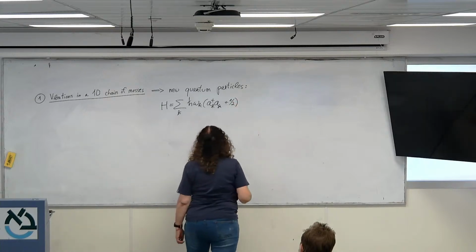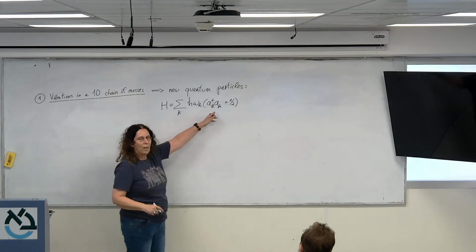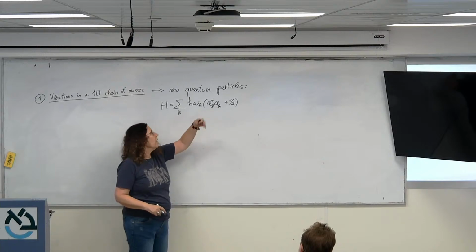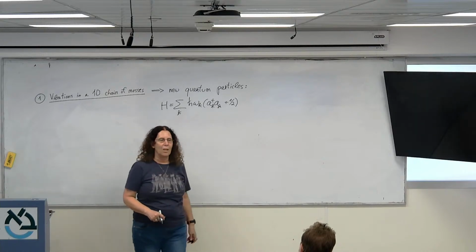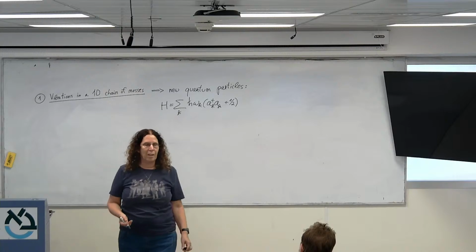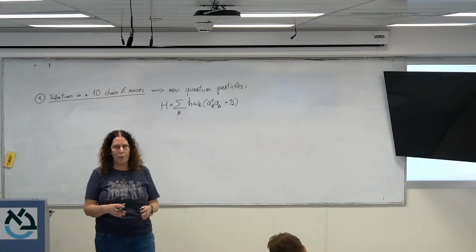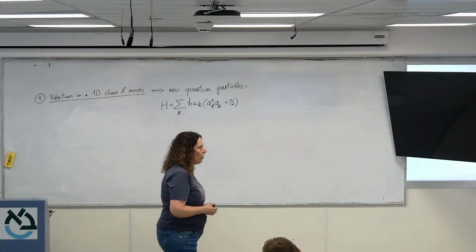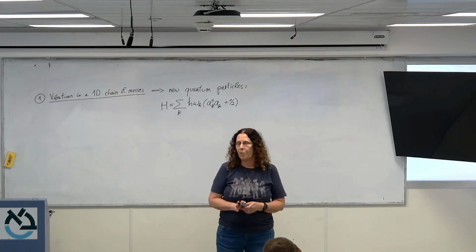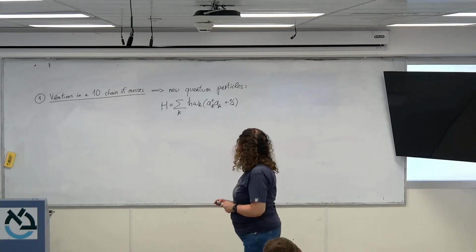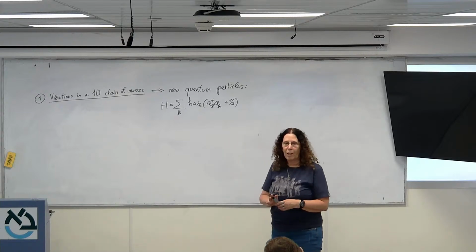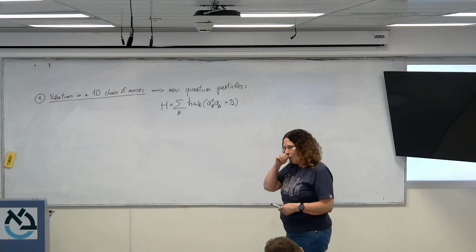Okay, where a_k and a_k dagger are the ladder operators of a harmonic oscillator, and they are related to some combinations of the coordinate and momenta of the masses. I don't even write the definition because we already did it.